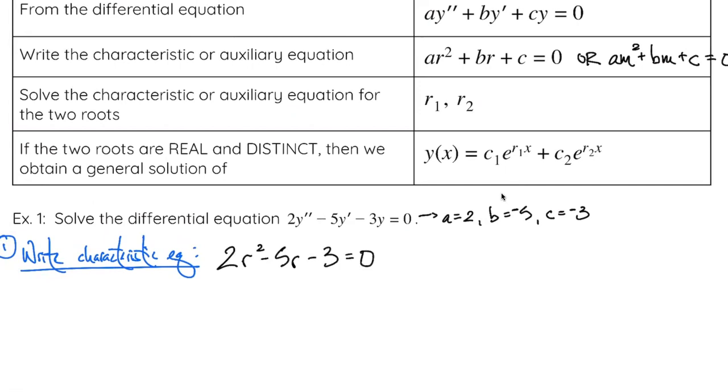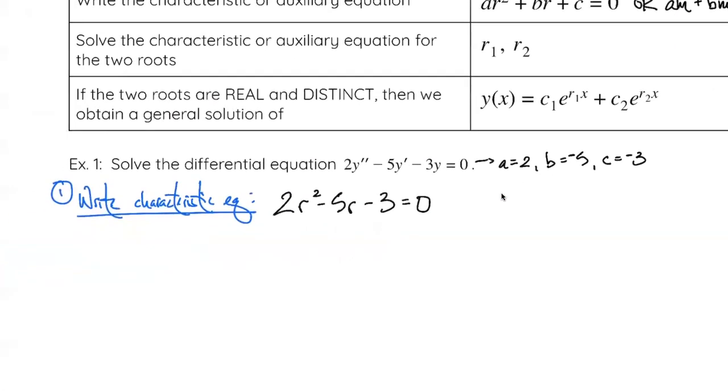You could write this as 2m squared minus 5m minus 3 equals 0. That's fine. But I would suggest to not use x because we're using x for something else. Once we write that characteristic equation, we are going to find the roots of our characteristic equation.